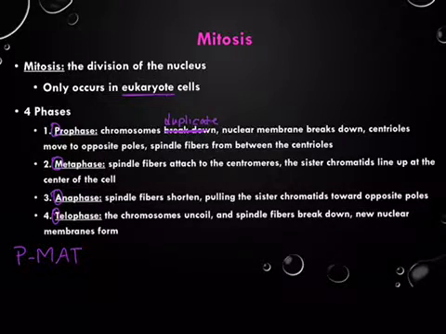Our second stage is metaphase, and this is when the spindle fibers attach to the centromeres, and those sister chromatids line up at the center of the cell. Anaphase is when the spindle fibers shorten, and they pull the sister chromatids towards opposite poles. And lastly, we have telophase, and the chromosomes will uncoil, the spindle fibers break down, and new nuclear membranes reform.